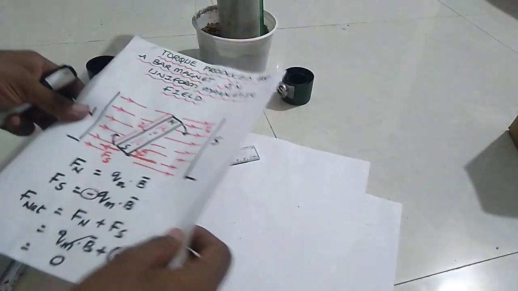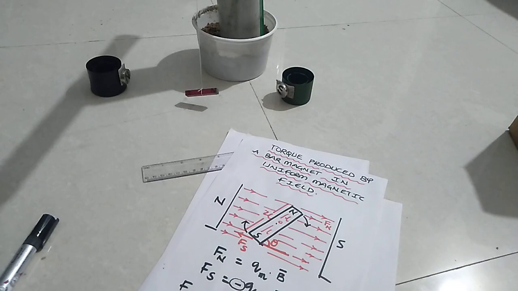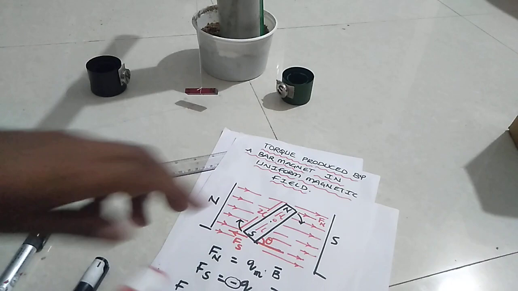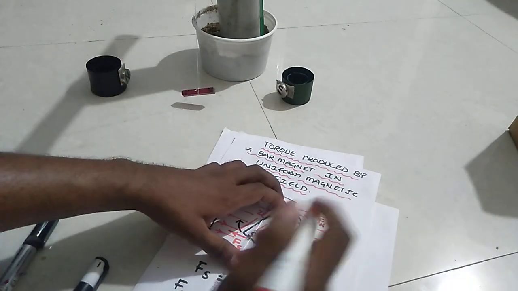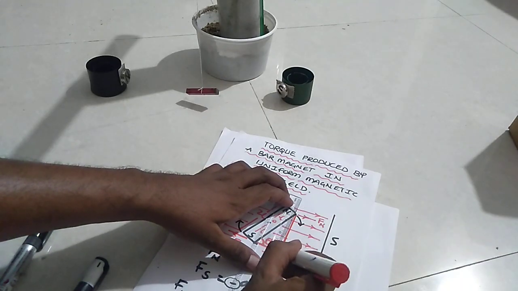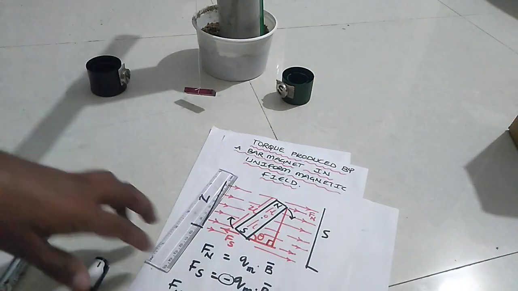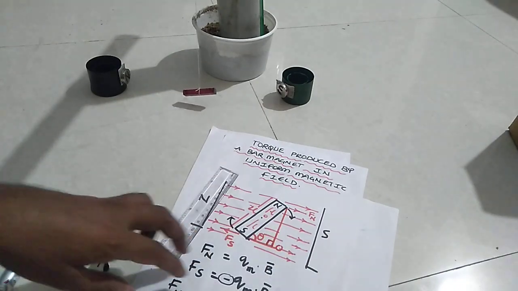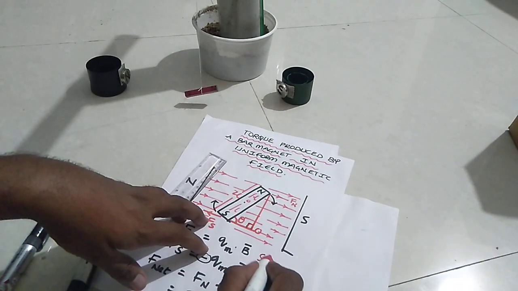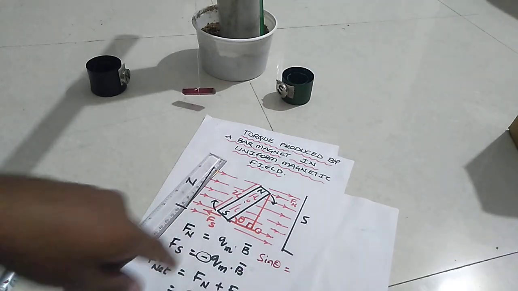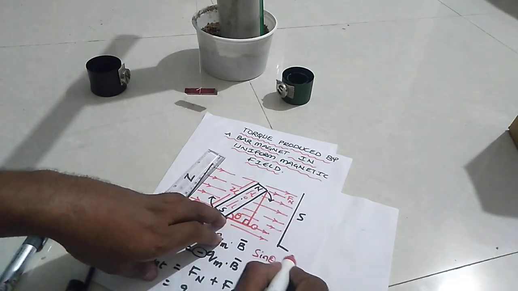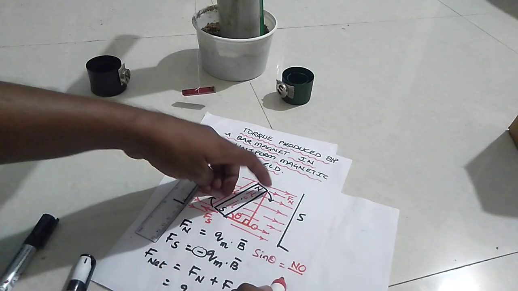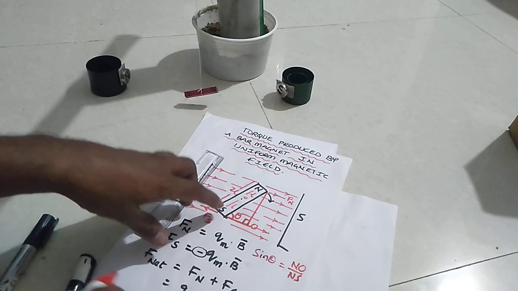Now see, by this diagram, can we calculate the perpendicular distance between the north pole and the south pole? Observe carefully. This is what we call the perpendicular distance. Let us take this point as O. Now what is the value of sine theta? In this right angle triangle, NO by hypotenuse NS.